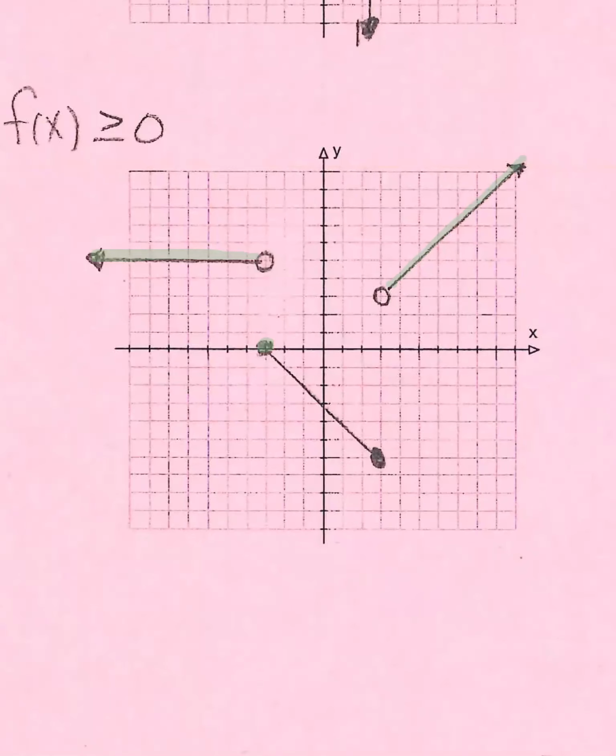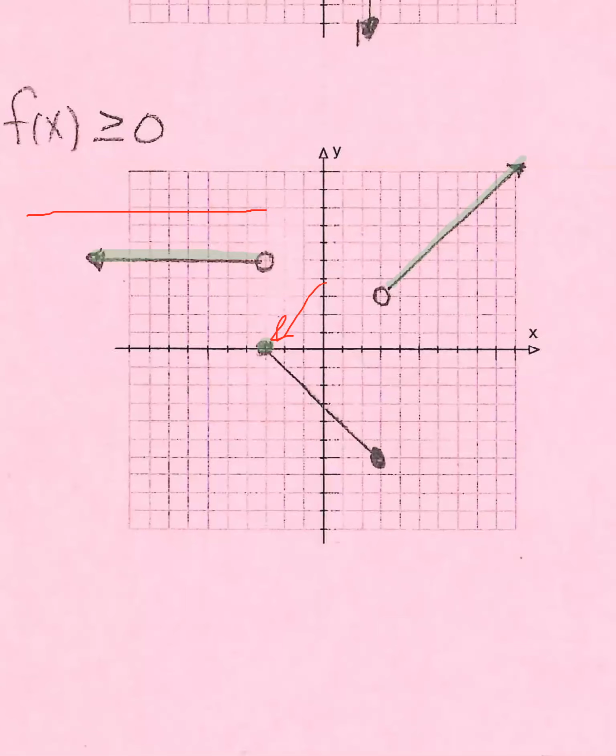Going from left to right, I'm going to come in from negative infinity all the way until, now when I hit -3, I know there's a hole right here, but it is closed right here. So my function is greater than or equal to 0 all the way up until -3, and it does include -3 because it's closed right there.